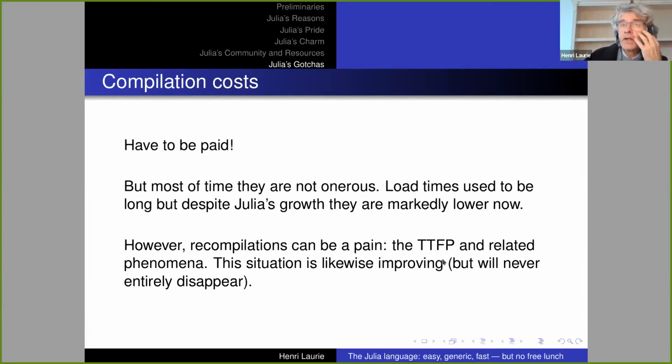So there are workarounds, there are ways of adapting your workflow so there's not too much of a cost, and it is improving. But this time to first plot and these compilation and recompilation costs will always be part of the Julia language because they're inherent in the design.